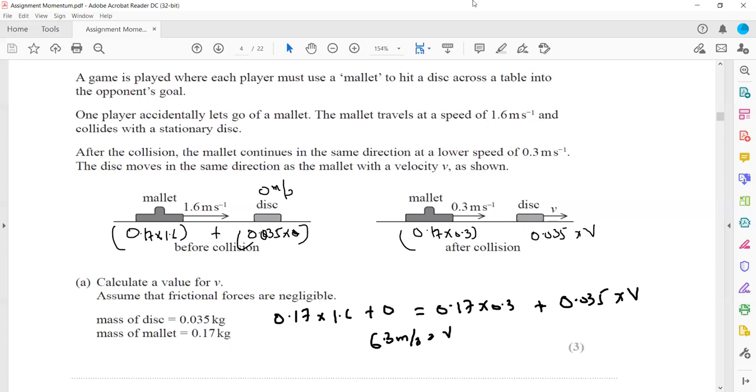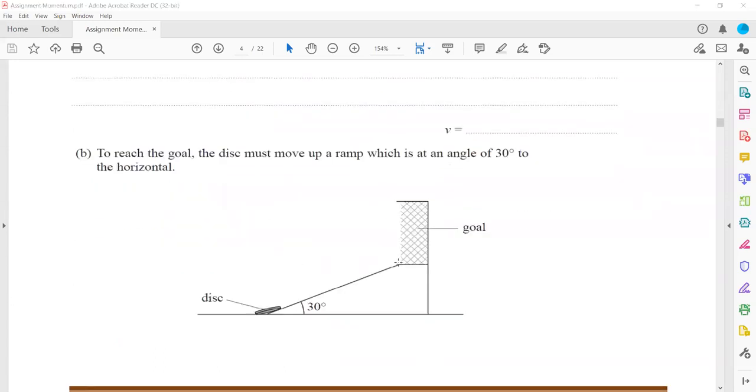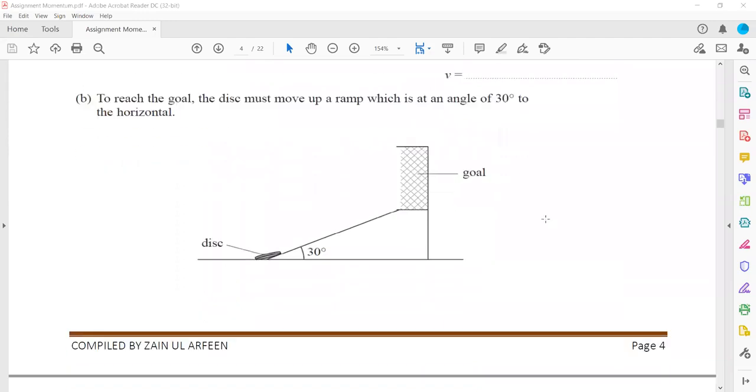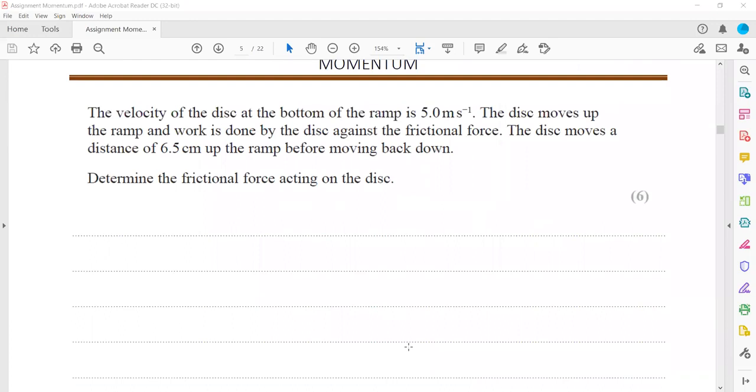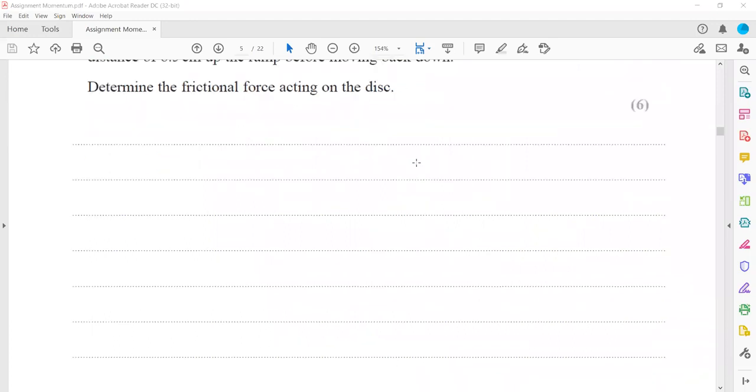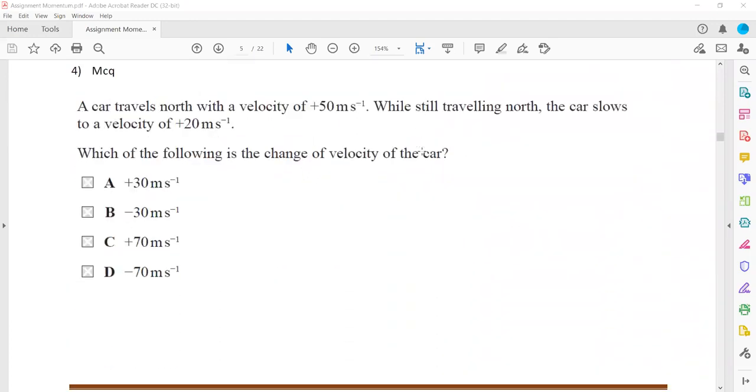Discussion about the conservation of momentum. The next part is basically related to the conservation of energy. In question 4, a car travels north with a velocity of 50.